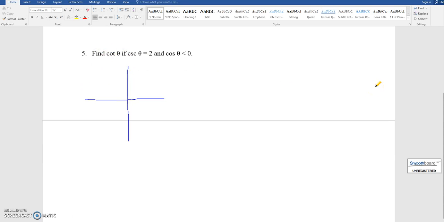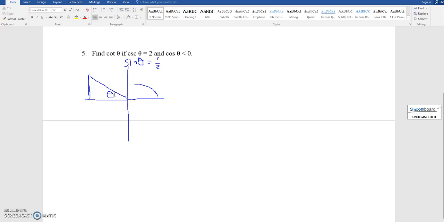So we need to think about drawing a triangle in the second quadrant. Excuse me a second here. Okay, so we're drawing our triangle in that second quadrant. Remember, if cosecant of theta is 2, that means sine of theta is 1/2, right? They're reciprocals of each other. So I need to think of a relationship where the angle that I create right here, this is going to be the theta.